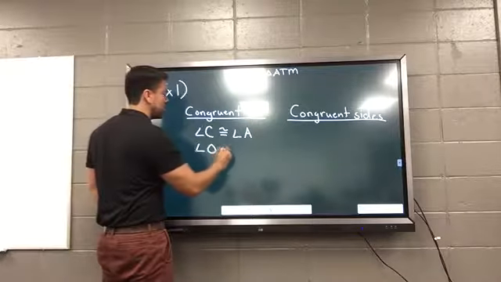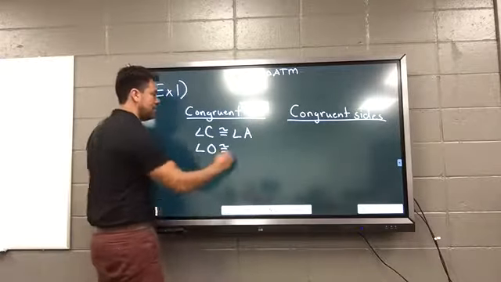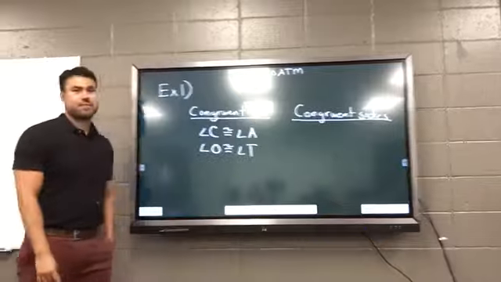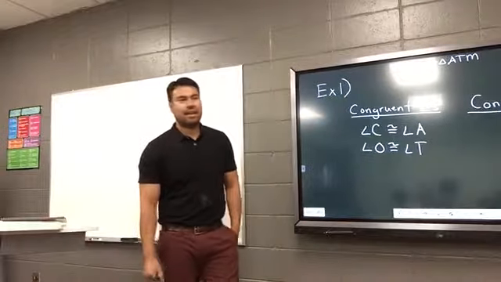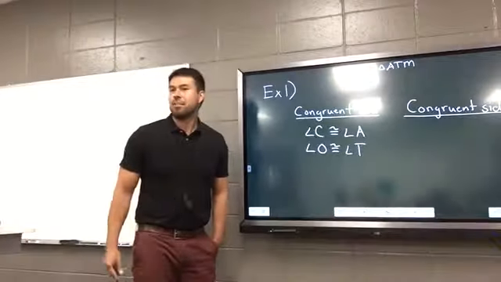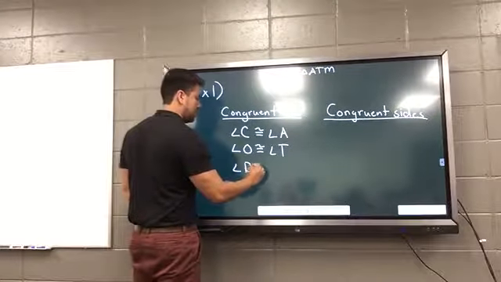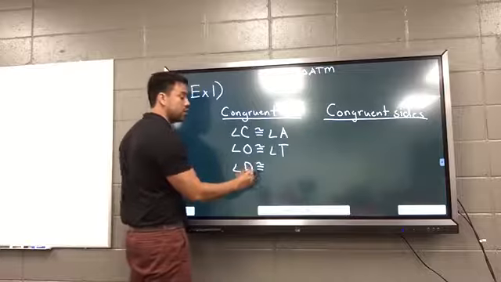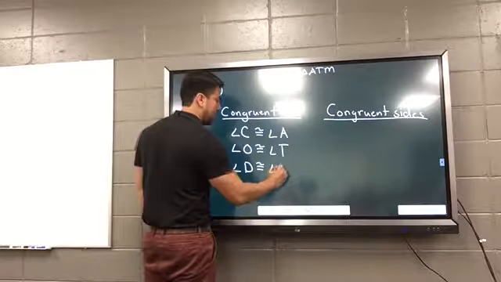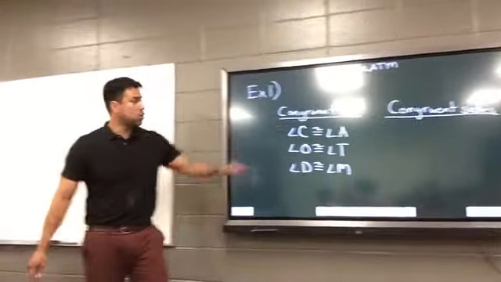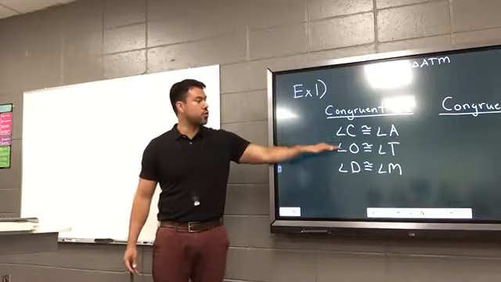Angle O is congruent with, anybody? Angle T. Yep, that's it. And Parker, give me the last one. Angle D is congruent with angle M. That's it. Those are your congruent angles.